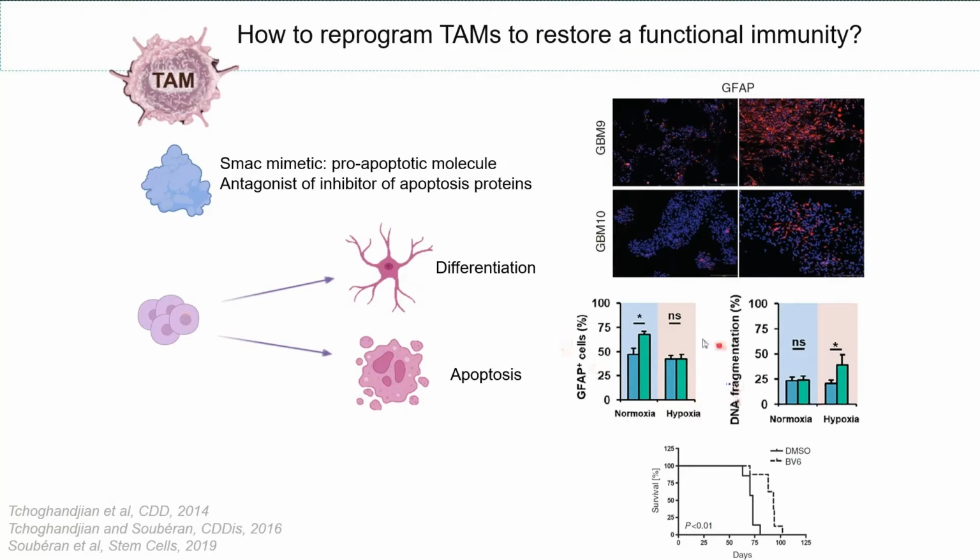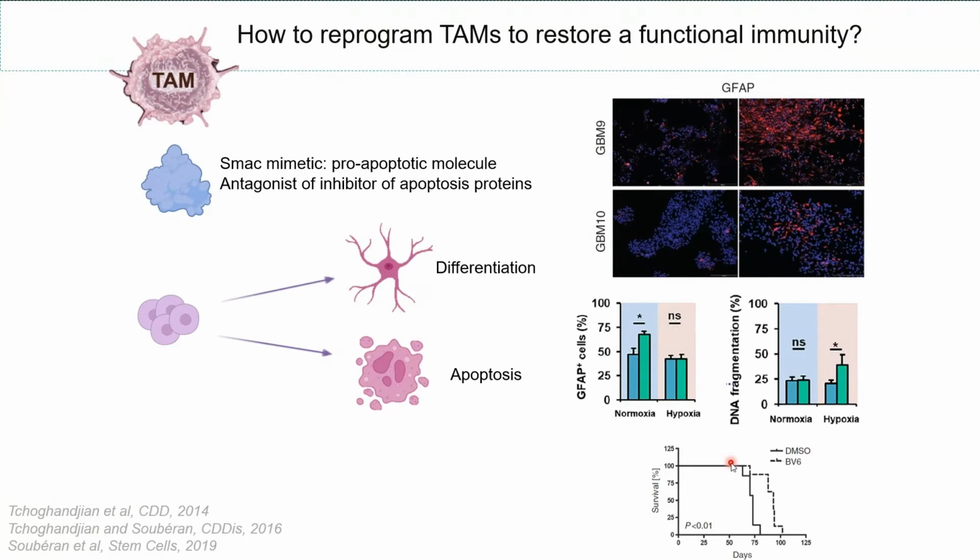So in normoxia, we increase GFAP. And in hypoxia, because glioblastomas are highly necrotic and highly hypoxic tumors, we did not induce differentiation of the stem cells, but rather cell death and apoptosis. This treatment also decreased tumor growth and increased mice survival.